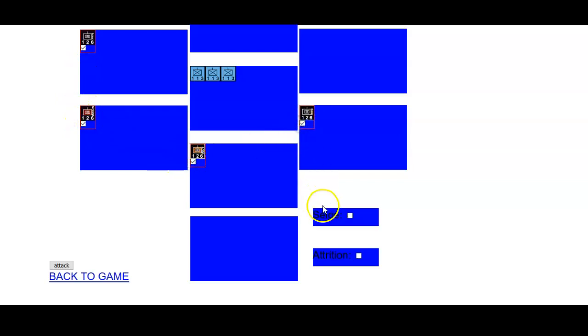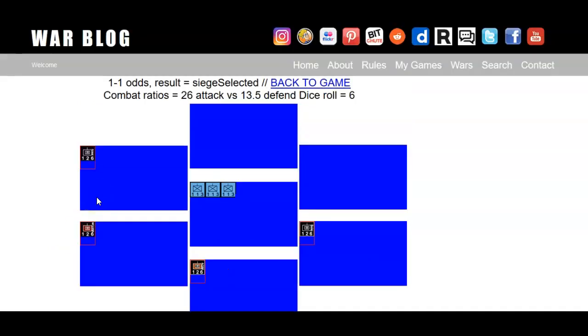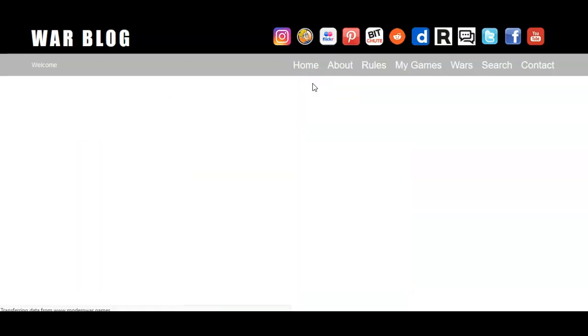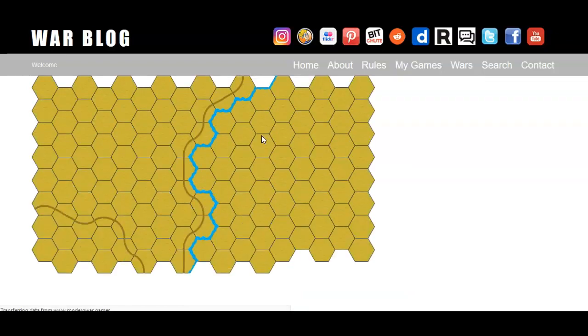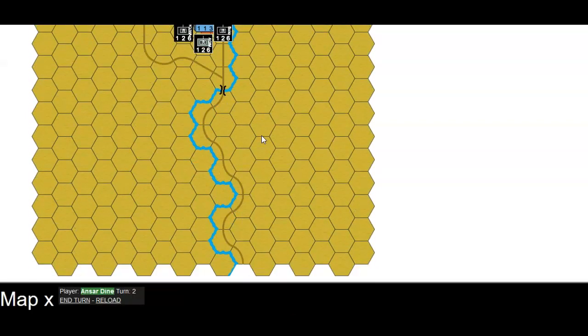However, in this situation we're going to do a siege. It didn't tell how much damage we did, but we did 1.6. So we did a reasonable amount of damage there. Now, the situation is they're under siege, so we've caused some damage.